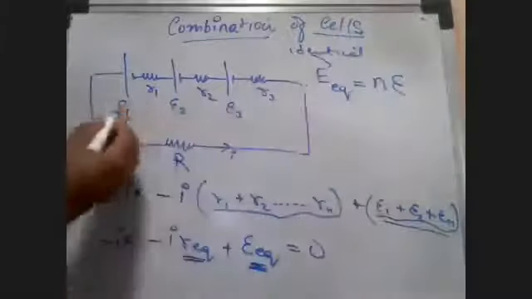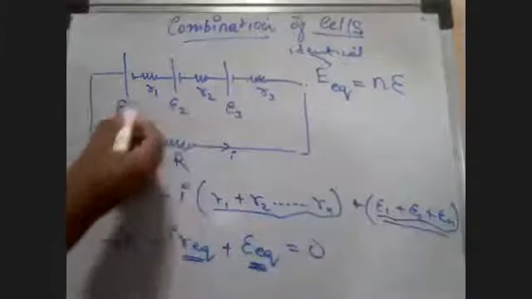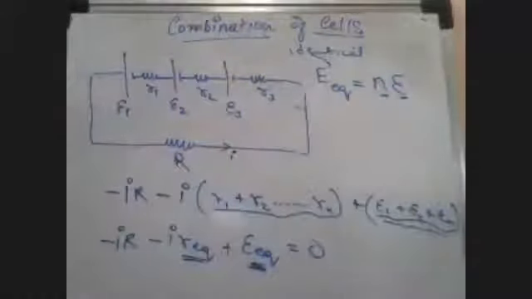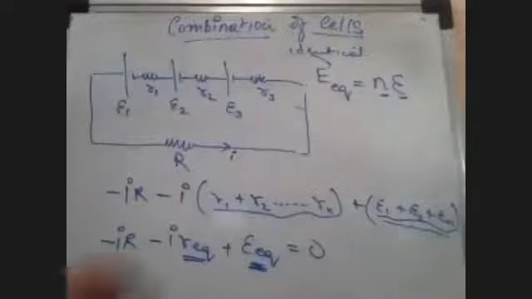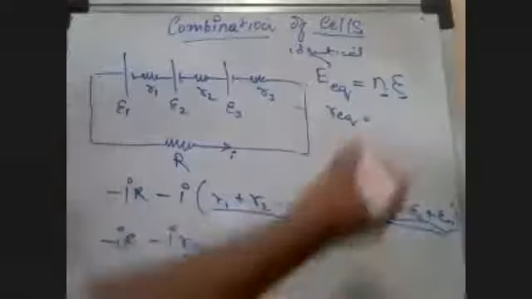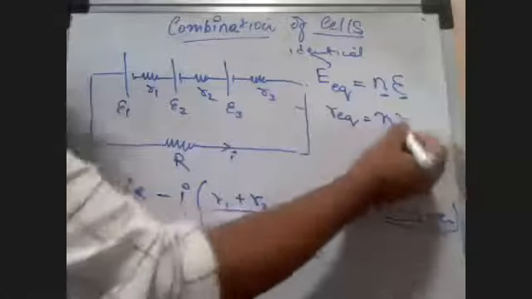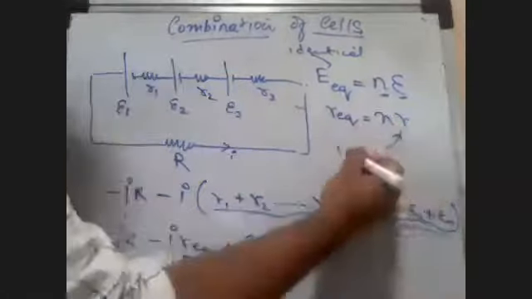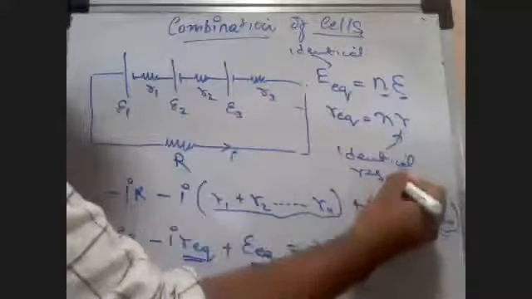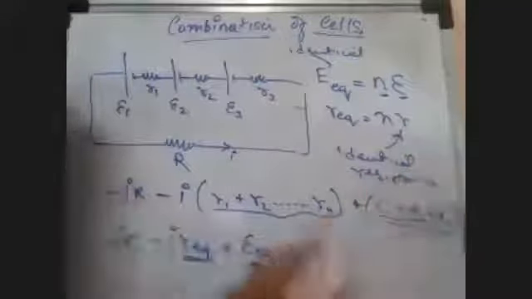If all the potential differences are, say, 5 volts, 5 volts, 5 volts and so on, can I say it is n times 5 volts? Yes or no? Similarly, can I say that R equivalent will also be n times R, for identical resistances of course?